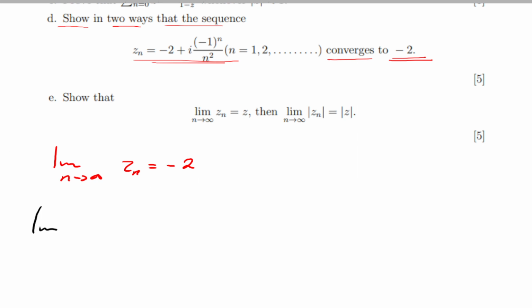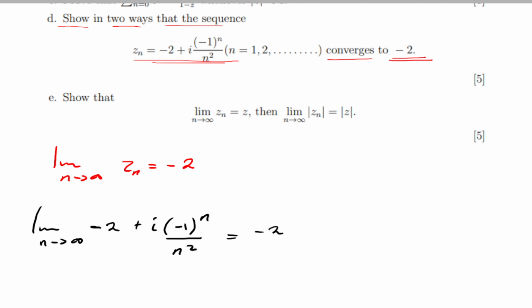So we take the limit as n approaches infinity, and we have -2 plus i times (-1) to the power n over n squared. And this is basically a function, so we're just going to replace n with infinity.